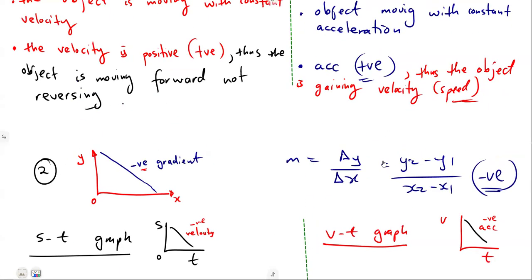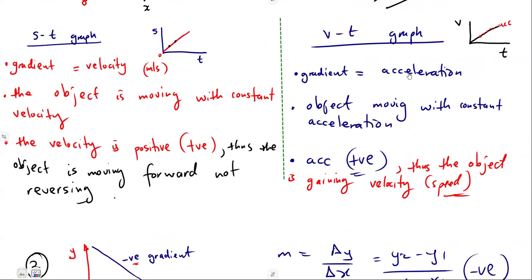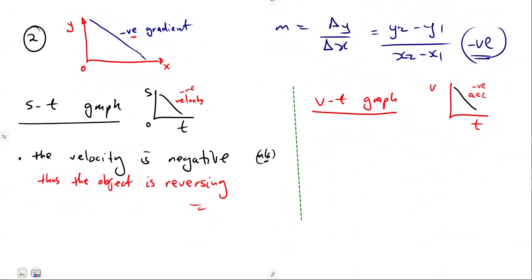Remember, for a velocity time graph, gradient equals acceleration. Only that the acceleration that we have is negative. So when our acceleration is negative in this case, it simply means that it's a deceleration.